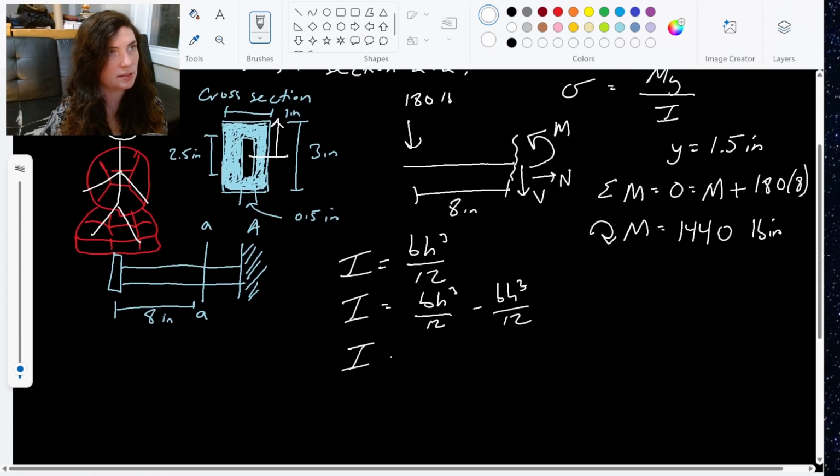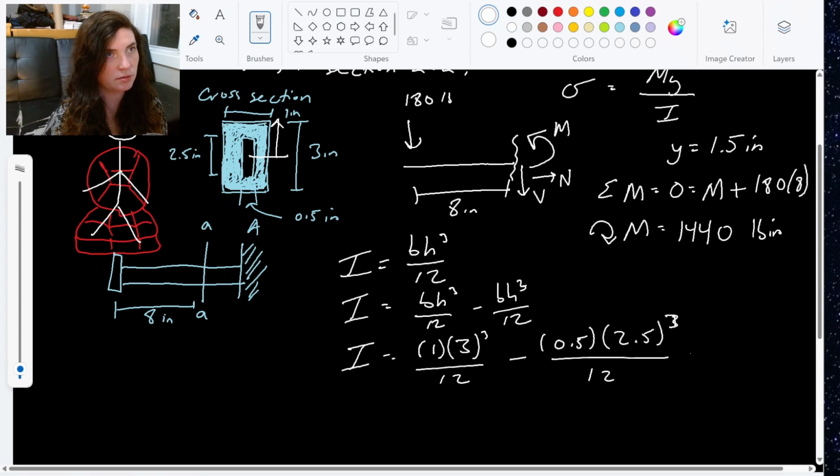which in this case is going to be the base is 1 inch, the height is 3 inches cubed over 12, minus my void base is 0.5 times the void height is 2.5 cubed over 12.